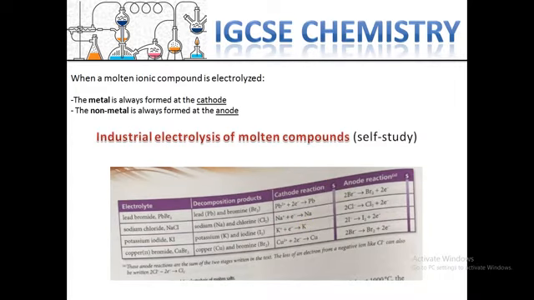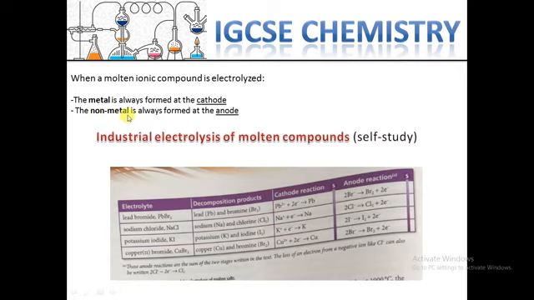So keep in your mind that when a molten ionic compound is electrolyzed, there are two important events. One, metal is always formed at the cathode, and then it deposits there. And non-metal, in the previous example, metal is lead and non-metal is bromine.